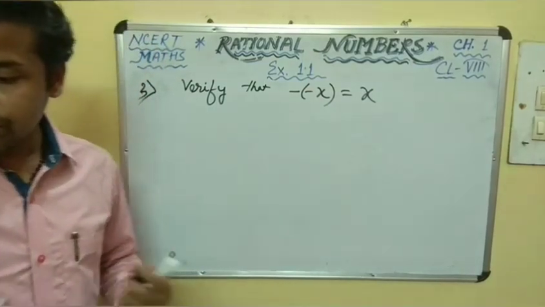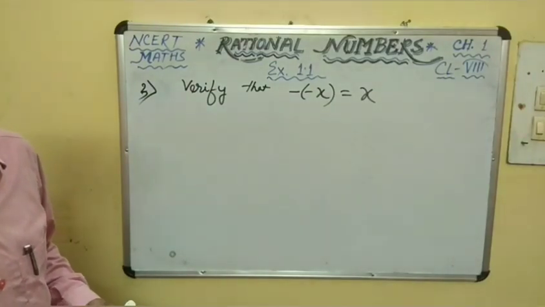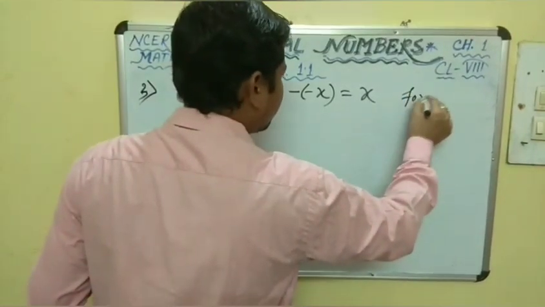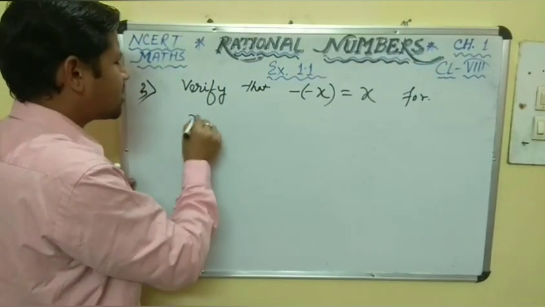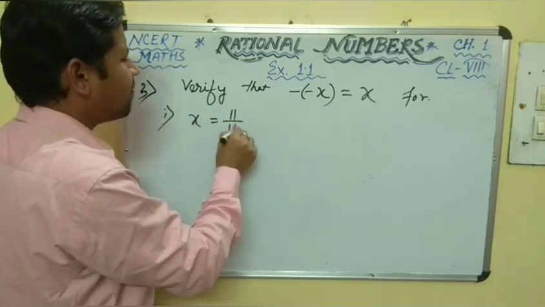So one by one we will solve. First of all, x equals 11 by 15. Number 1 is saying that x equals 11 by 15.